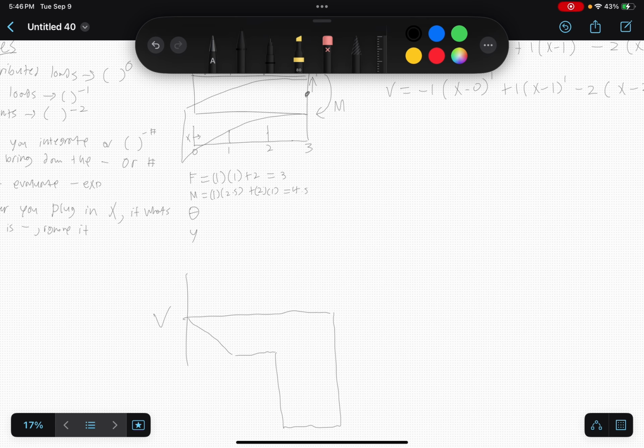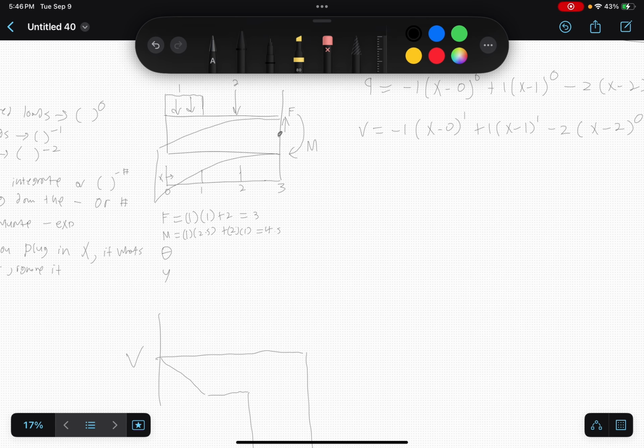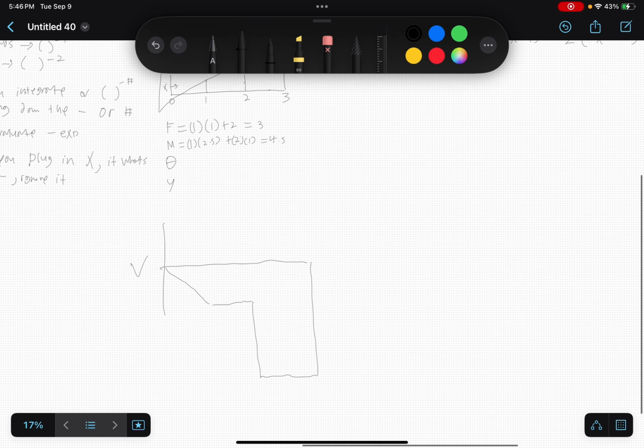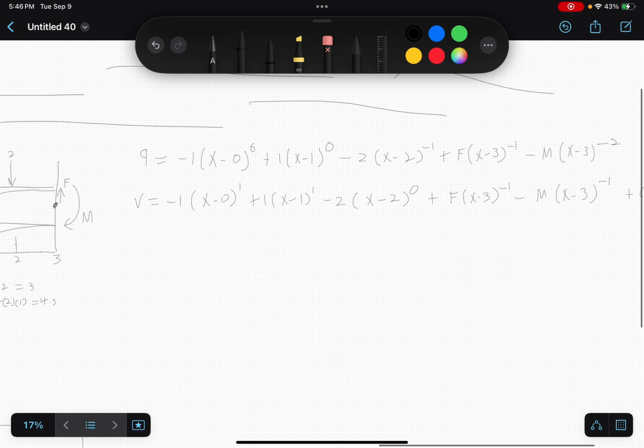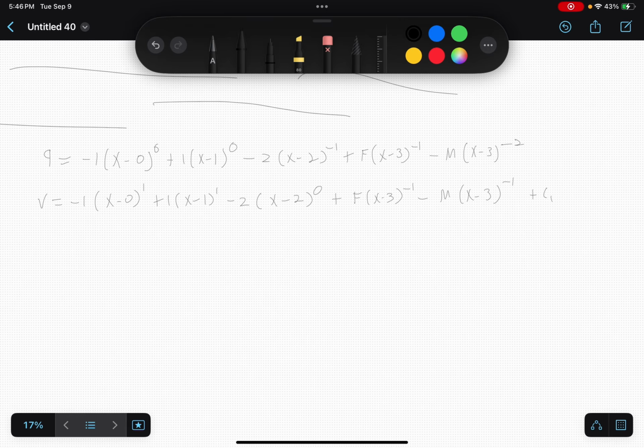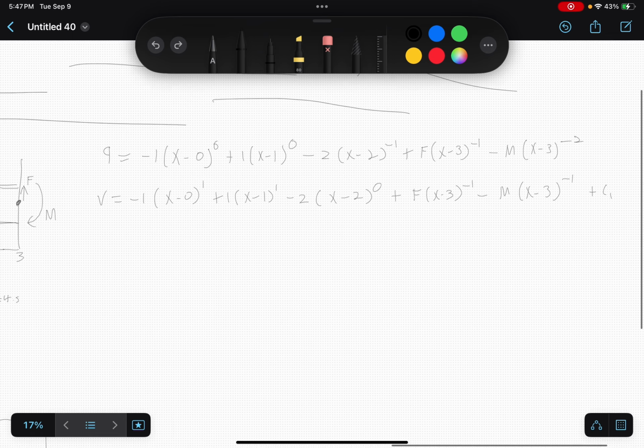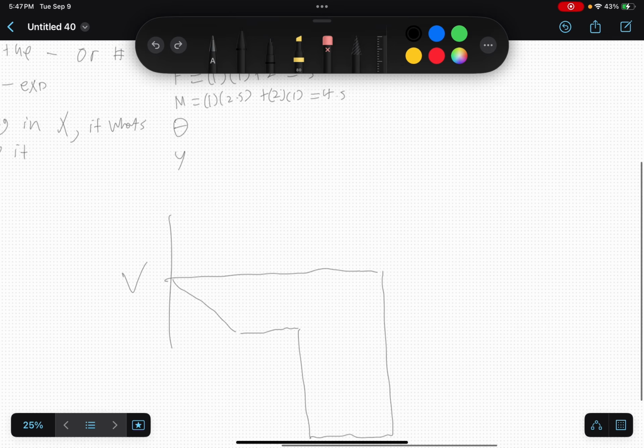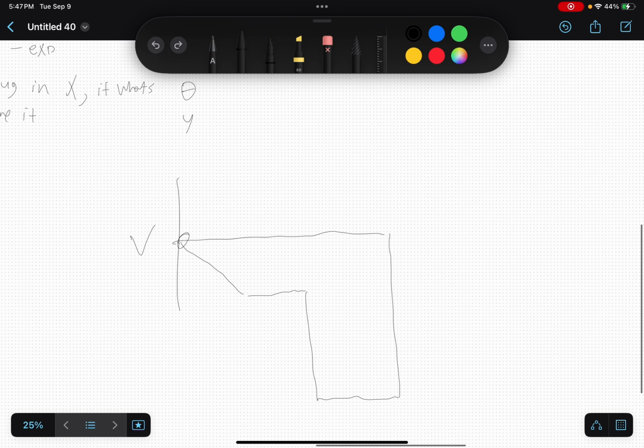So that's the shear diagram. So we can use a couple boundary conditions here. The one that you almost always want to use to figure out what C1 equals, and it's almost always going to be 0, is the point on the left-hand side, which is v at x equals 0 equals 0.